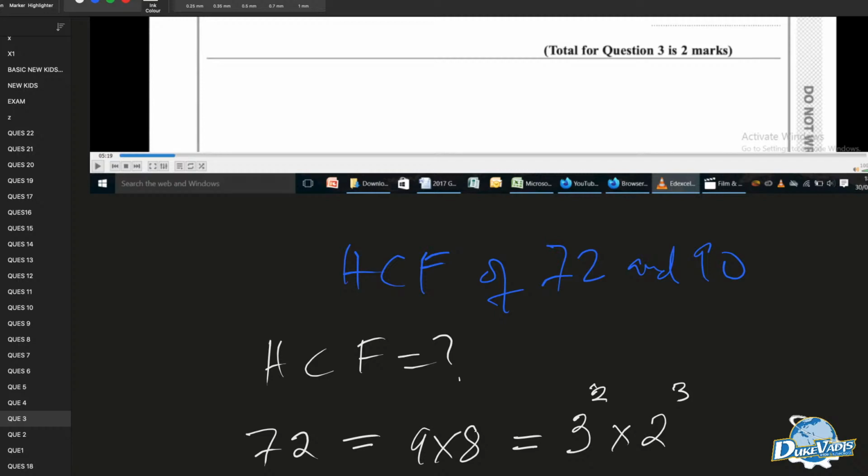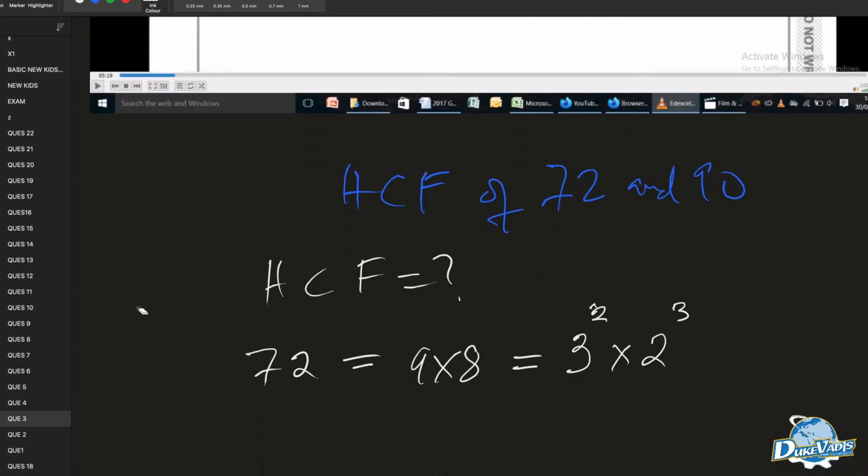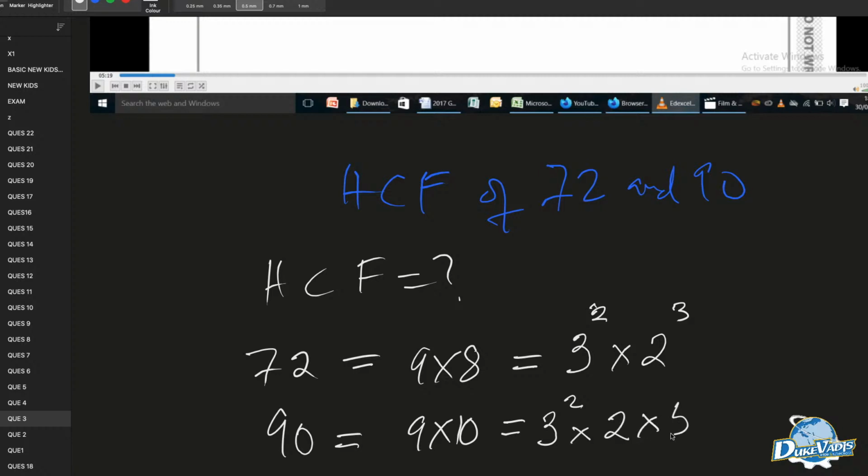So this is what we have when we break down 72. Now let's look at 90. 90 gives us 9 times 10, which we can also write as 3 squared times 2 times 5.